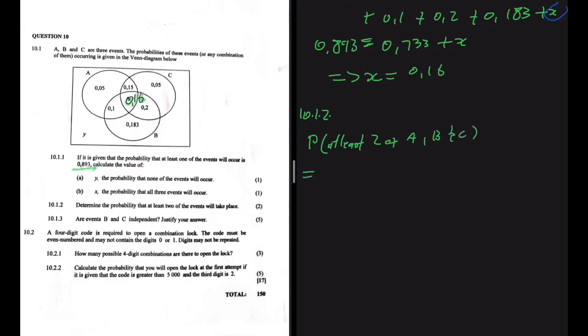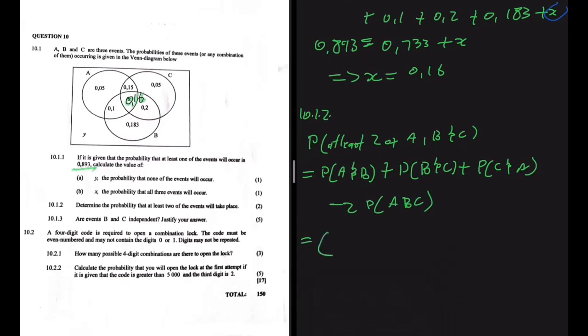This will always be equal to the probability of A and B plus the probability of B and C plus the probability of C and A, minus 2 times the probability of A, B, C. So the probability of A and B will be 0.1 plus 0.16.